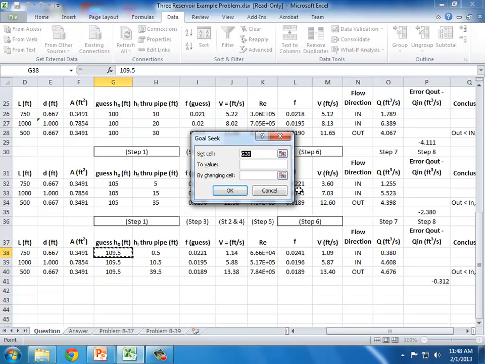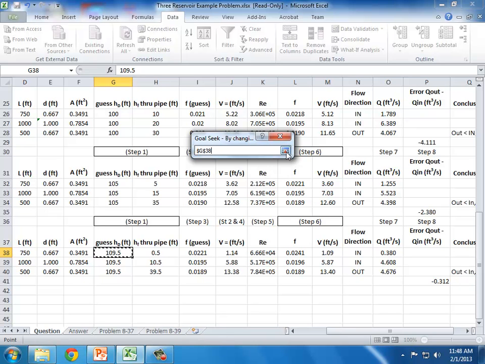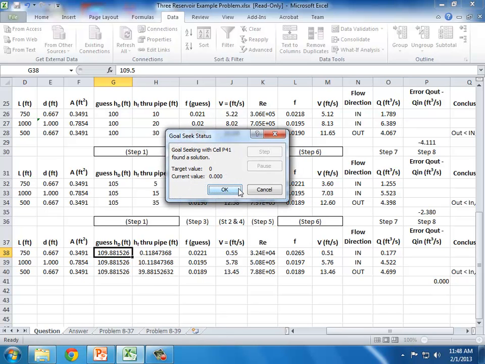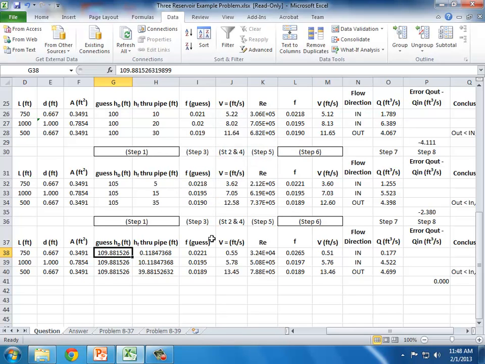Our goal is that we want this to be equal to 0 by changing that. Let's see if this works. It does. Okay, there's our answer. That's the head at D that is going to make everything correct. That's the head that's going to make the F value such that the flow rates are going to equal.